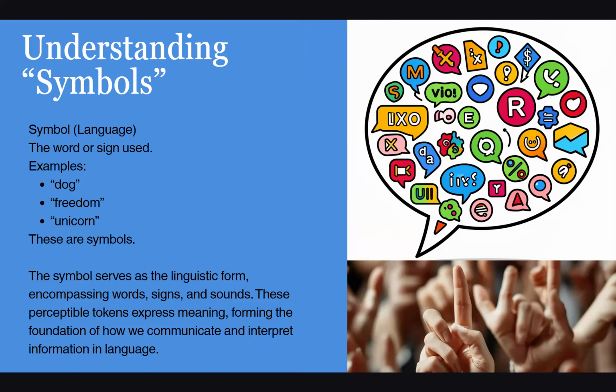In spoken language, the symbol will be a string of speech sounds. In sign language, there will be specific hand signs. The model is exclusively concerned with linguistic communication. We can replace the broader term symbol with the simpler word language.